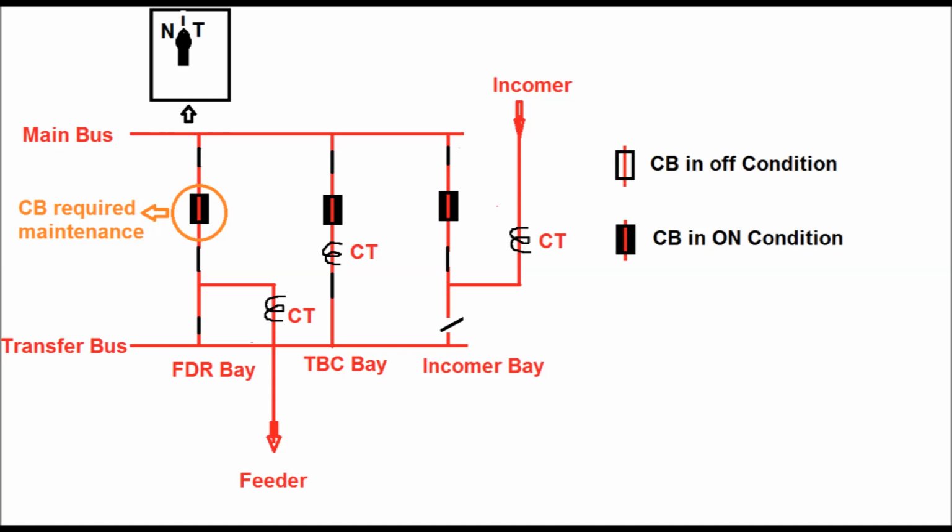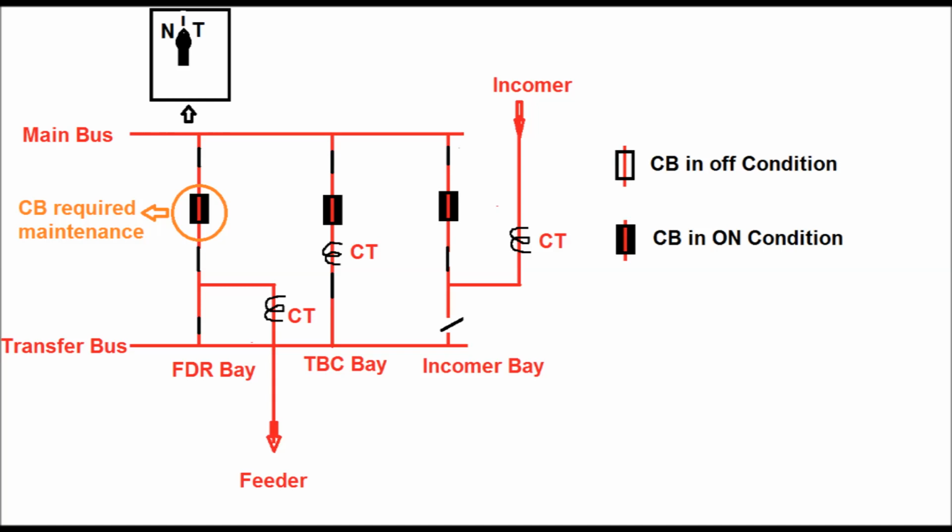Now how the switching operation is done will be discussed in this figure. In each feeder bay or incomer bay, there exists a separate control and relay panel in the control room. Also for the TBC bay, there exists a CRP panel in the control room, from which the control of the circuit breaker and isolator can be done remotely.